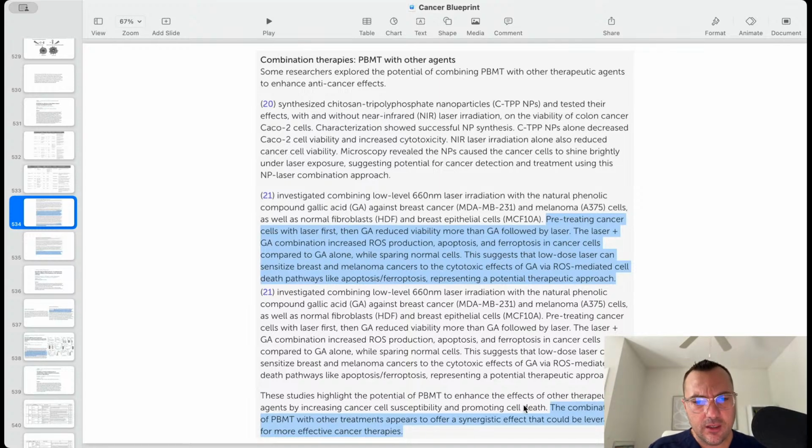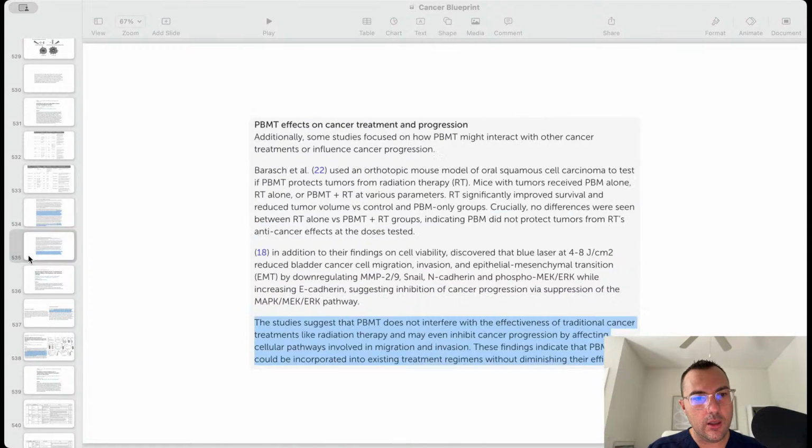And I'm going to have to move this out of the way because I can't see. Then it says later on that the combination of PBMT with other treatments appeared to offer synergistic effects that could be leveraged for more effective cancer therapies. And I'm going to end on what it says here.